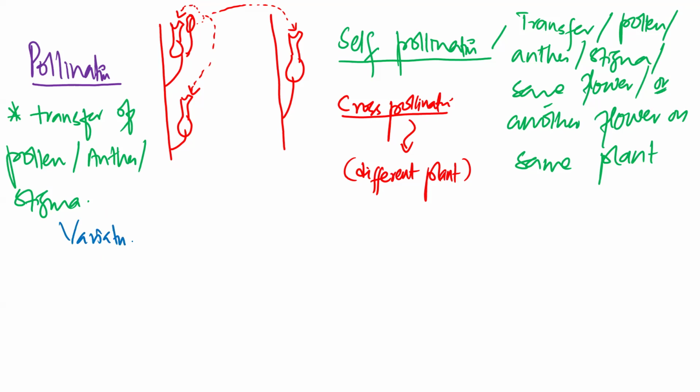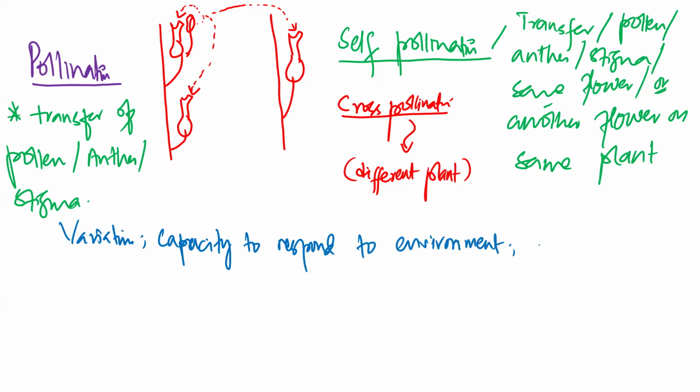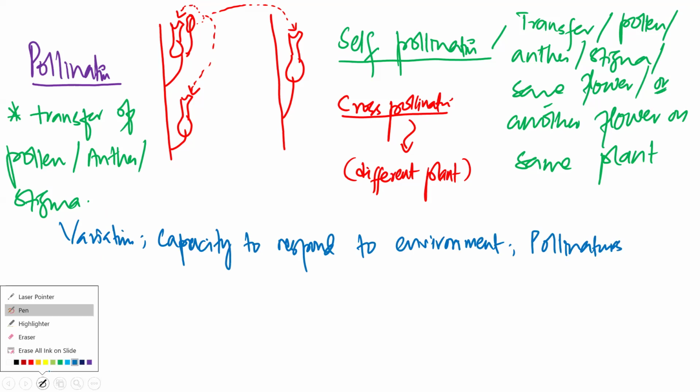Will anybody guess, please? Variation, ability to respond to environment. Would you like to say something about these three things? Which of the pollination ensures more variety?